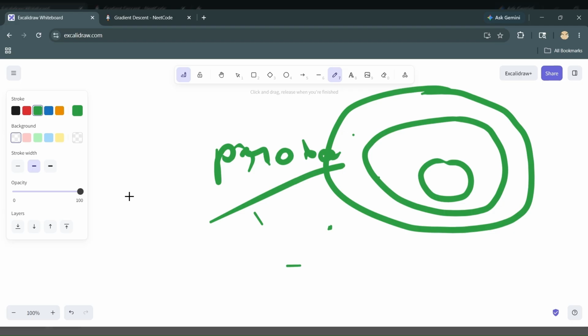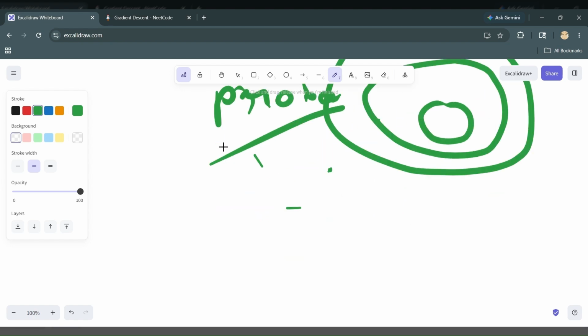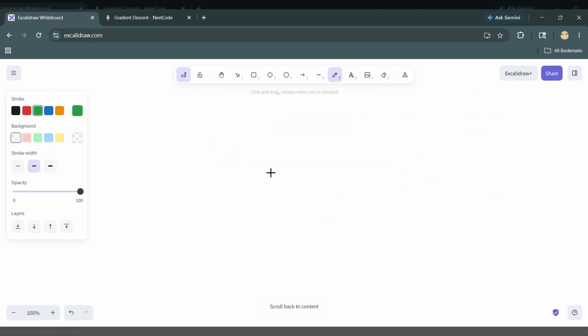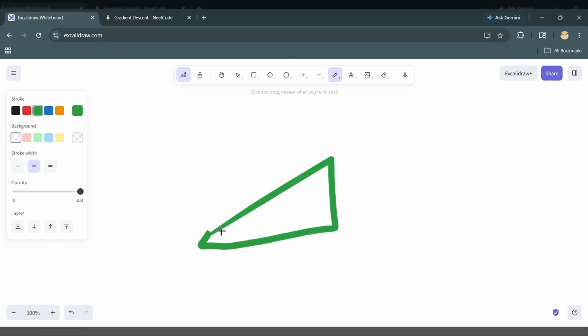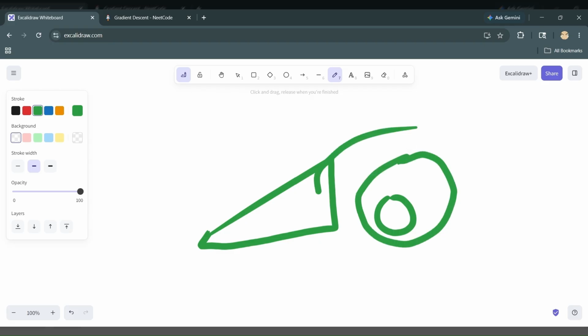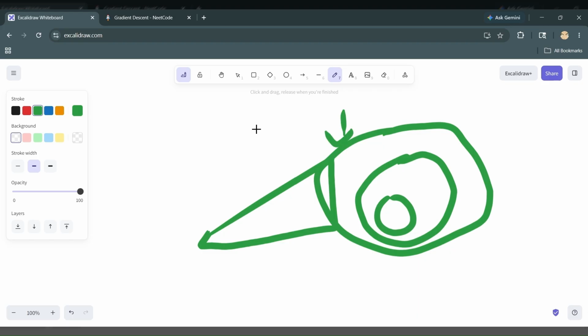So we have learned something called slope in our high school days. This is called a slope. If it is in 3D, then it is a gradient, and descent means going down, ascent means going up.